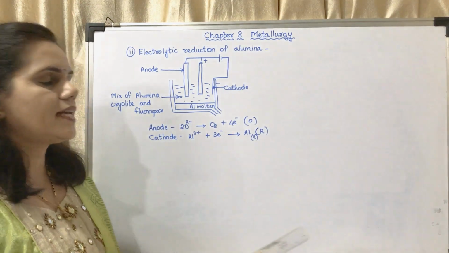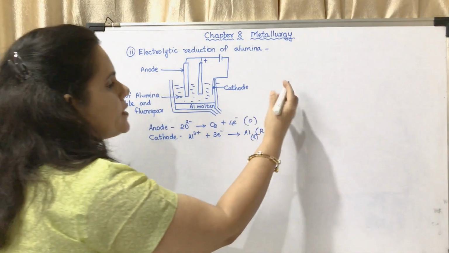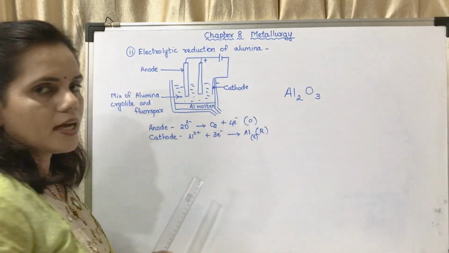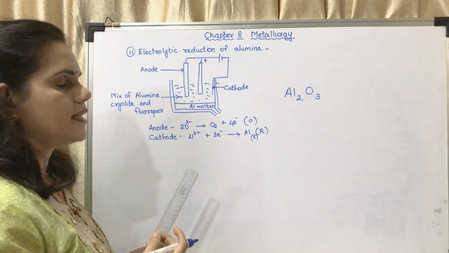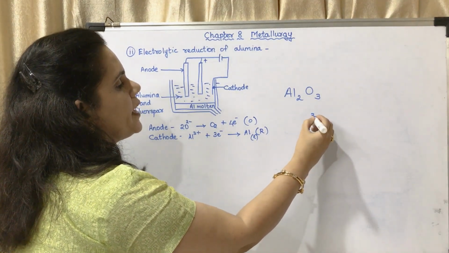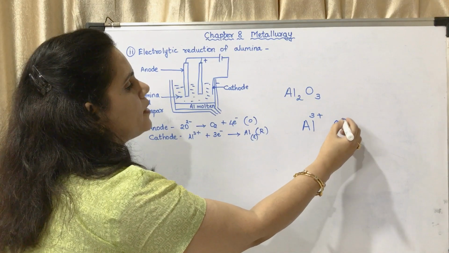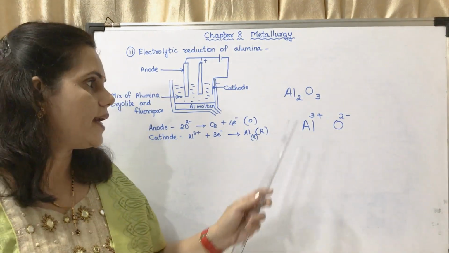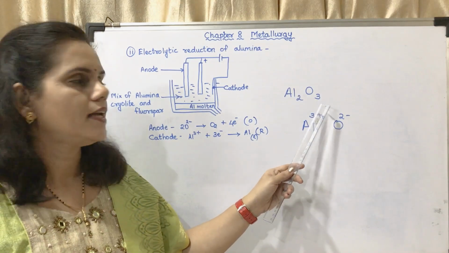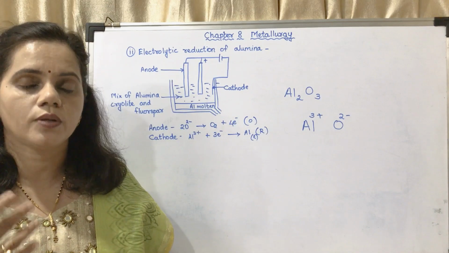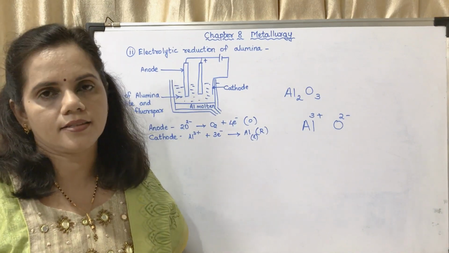When you pass electricity, you may see it is Al2O3. When the ionic compound separates, it will form Al3+ and O2- ions. You may note that the valency of Al is 3 and the valency of O is 2. They are written opposite. You have learned this in your 9th standard.